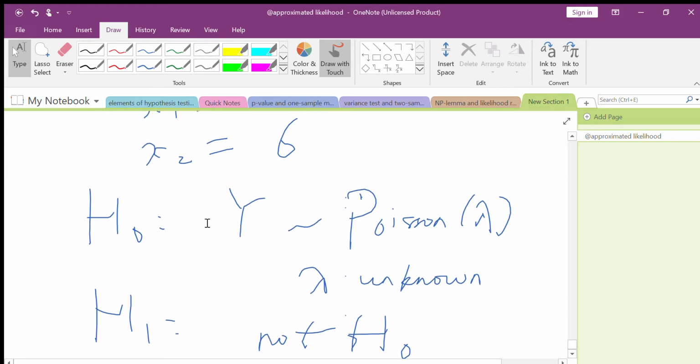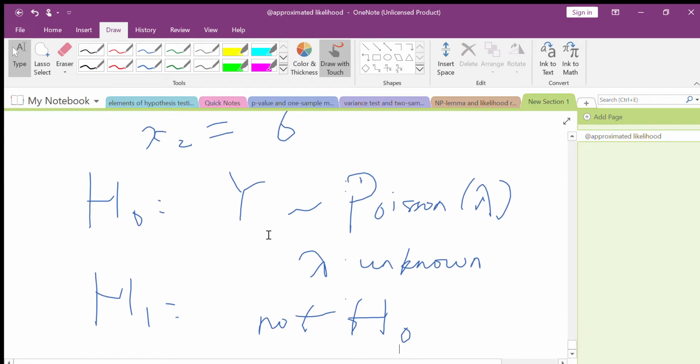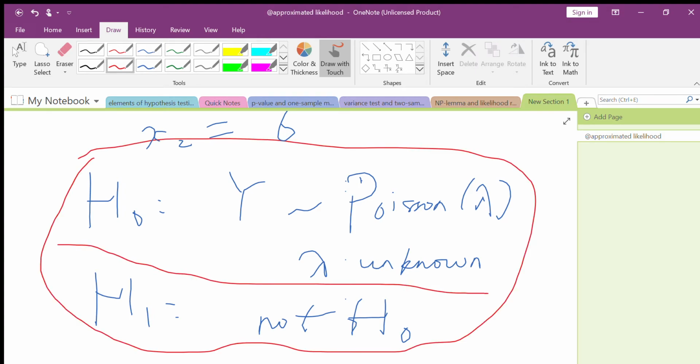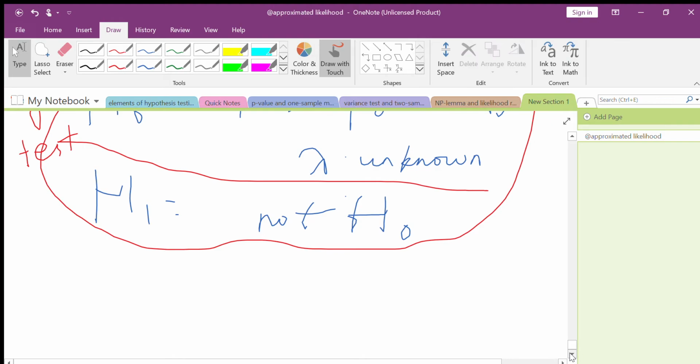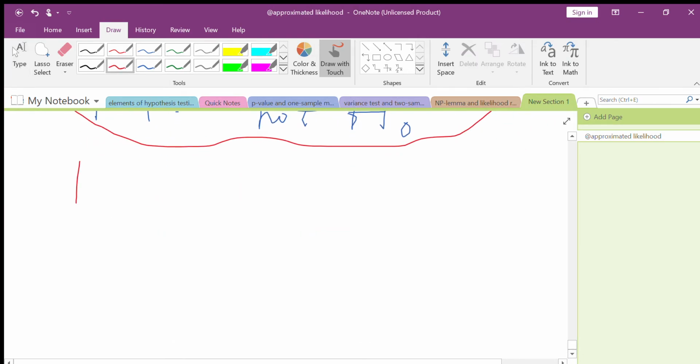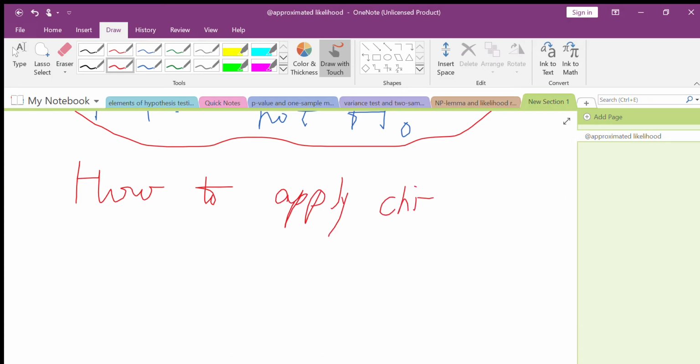This is called goodness of fit, because we would like to test whether one random variable follows some specific distribution. And since this is an application of the chi-square test, how do we apply the chi-square test in the goodness of fit test?